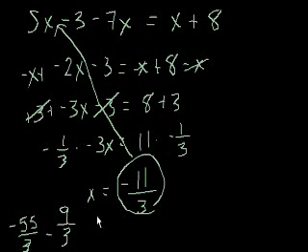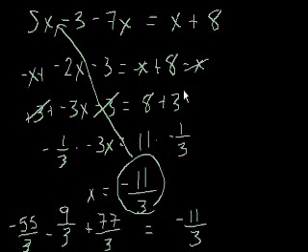And then minus 7x is the same thing as plus 77 over 3, because we have the minus 7 times minus 11, so it's plus 77. And the equation is saying that should equal minus 11 over 3, that's what x is, plus 8, and 8 is nothing more than 24 over 3.